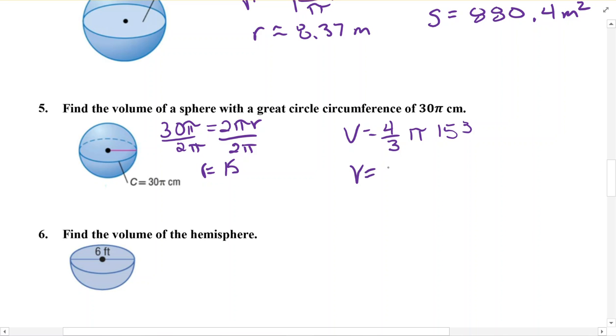The volume here would be then 4,500 pi centimeters cubed. Multiplying 4,500 by pi, we have 14,137.2 centimeters cubed.